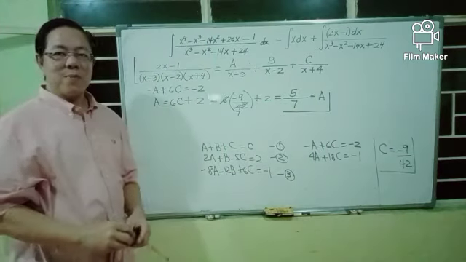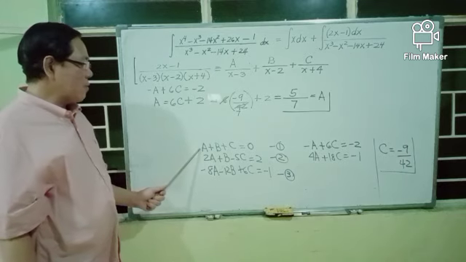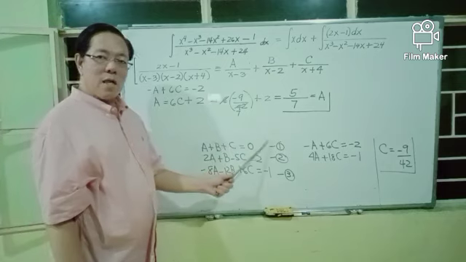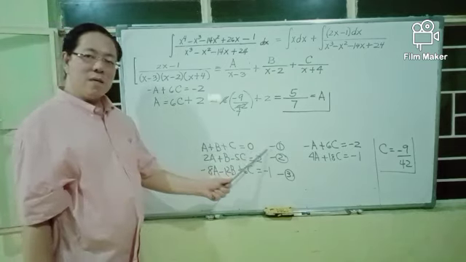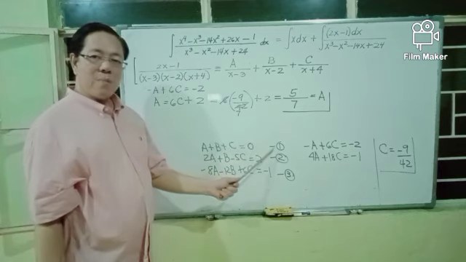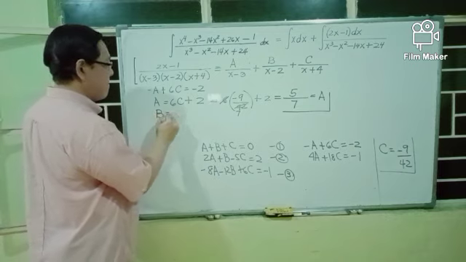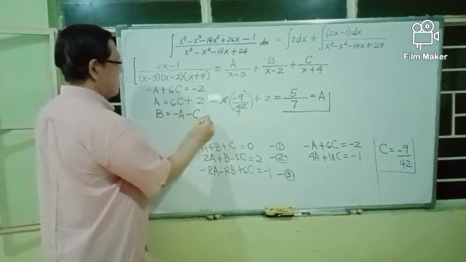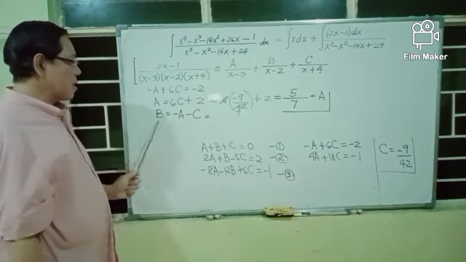Finally, we solve for the value of b. And I will solve for b from equation 1. We transpose a and c to the right-hand side. We have b equals minus a, transpose c to the right, minus c. And we substitute the values of a and c into this equation.